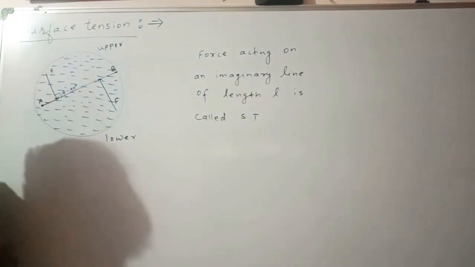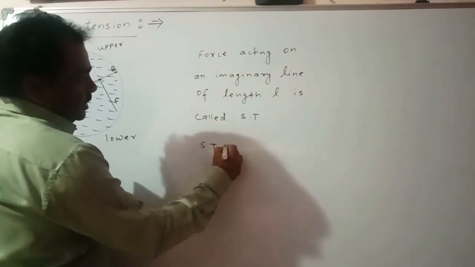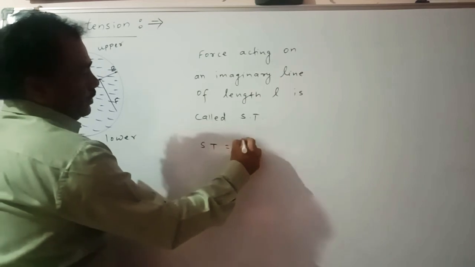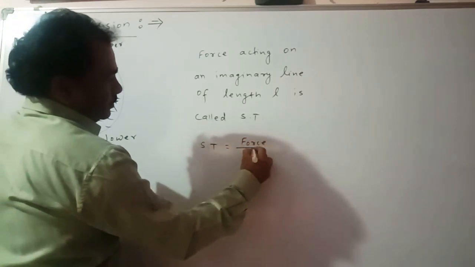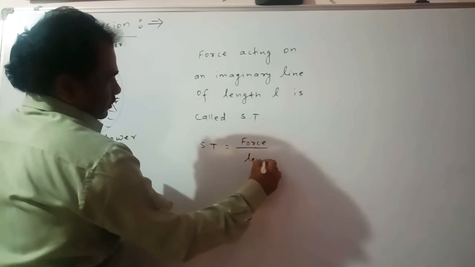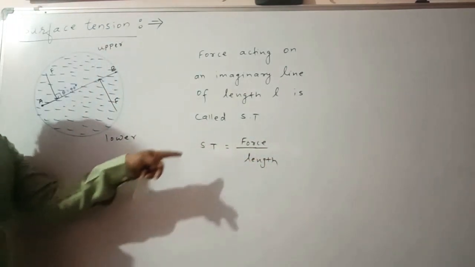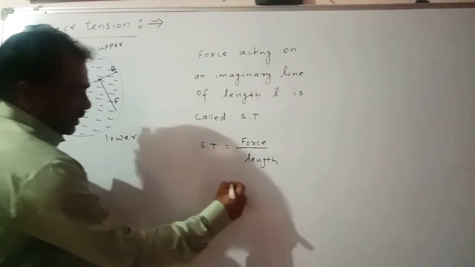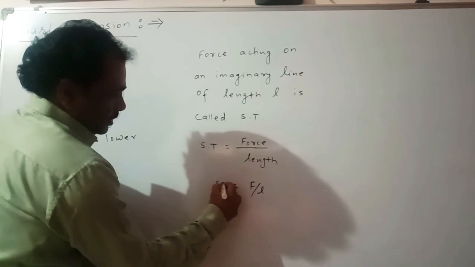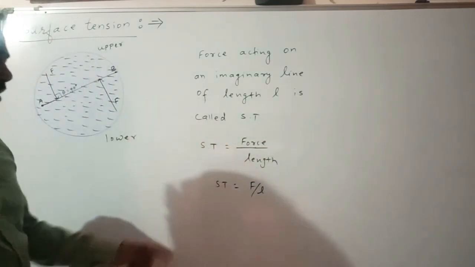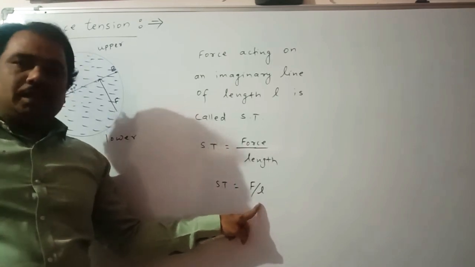So surface tension means the force per unit length. The force per unit length we can represent like this. So to calculate the surface tension, we get one new formula, that is force upon length, that is force per unit length.